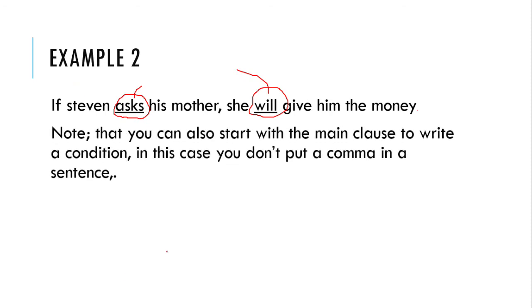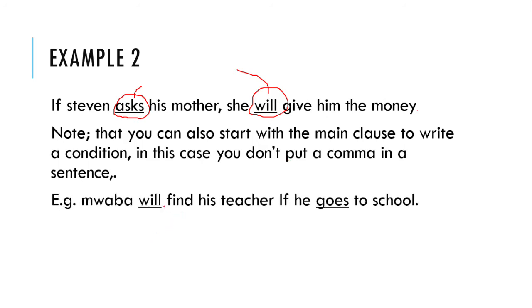Note that you can also start with the main clause to write a condition, as I said at the beginning of the video. In this case, you don't put a comma in the sentence. So we can also begin with the main clause.